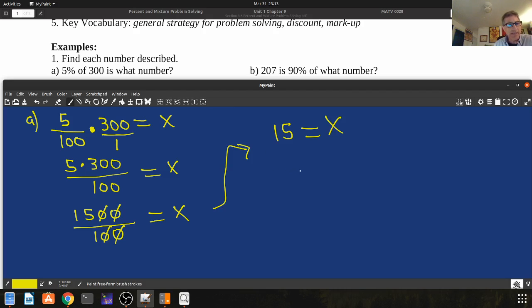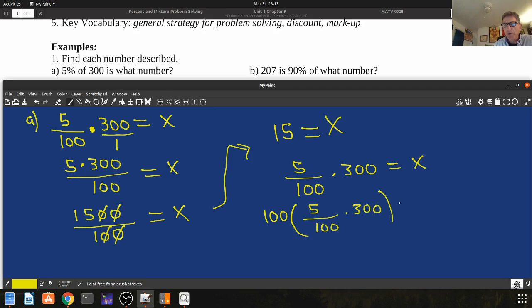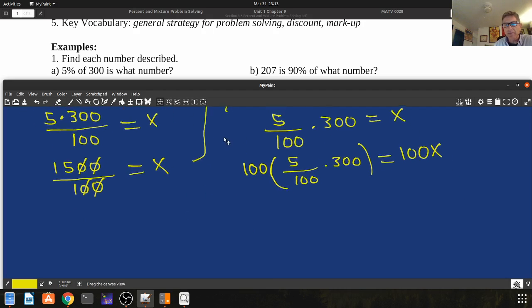The other way I was thinking about doing it was just going 5 over 100 times 300 is equal to x. And we're going to clear denominators. That means multiply both sides by my only denominator. Both sides have to be multiplied by 100. Now you simplify the left-hand side.